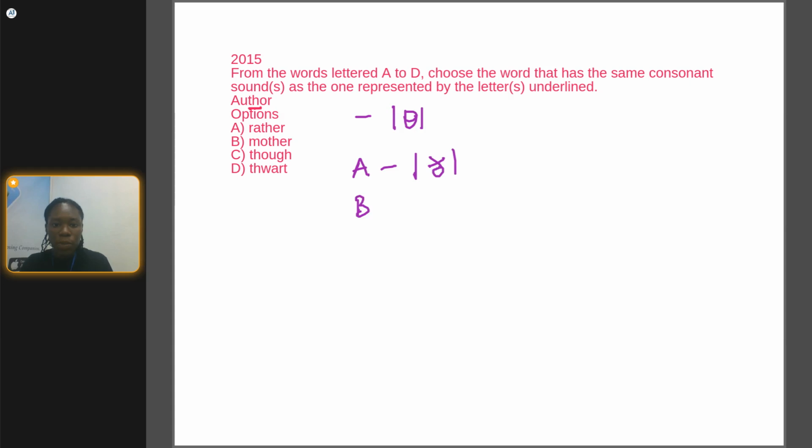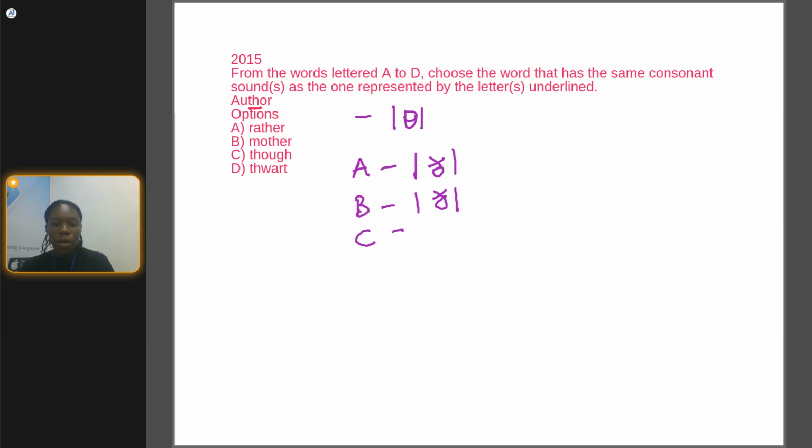Okay, option B is mother. That means the sound we have in mother is also the th sound.